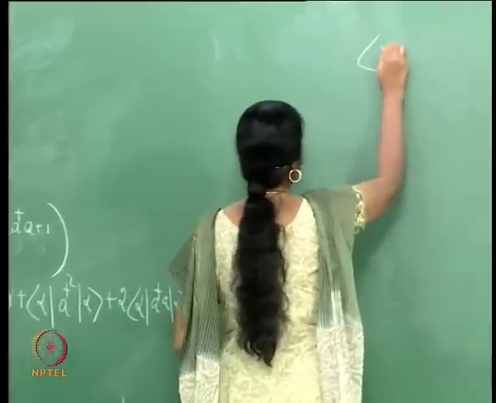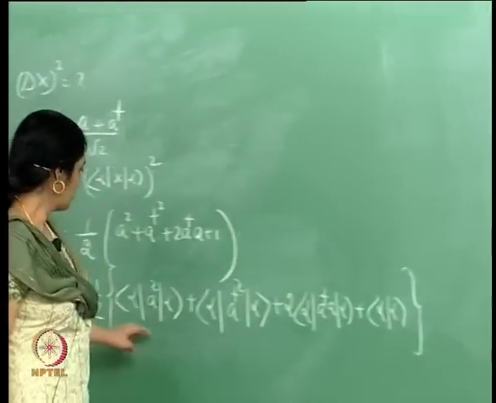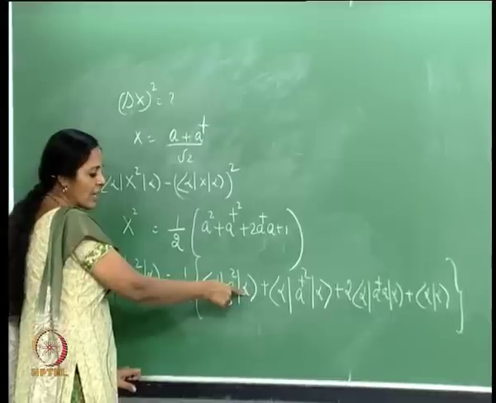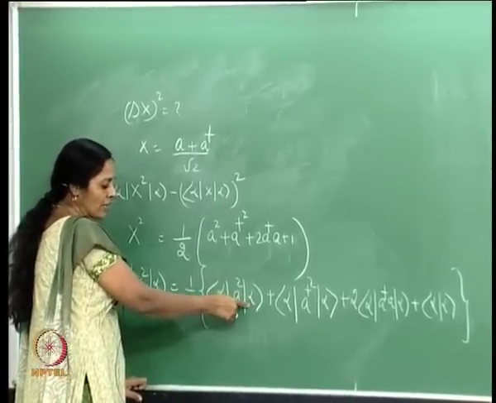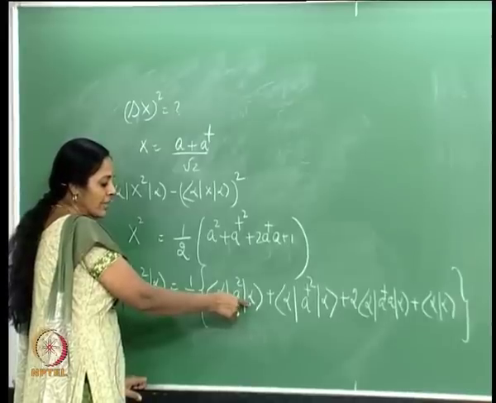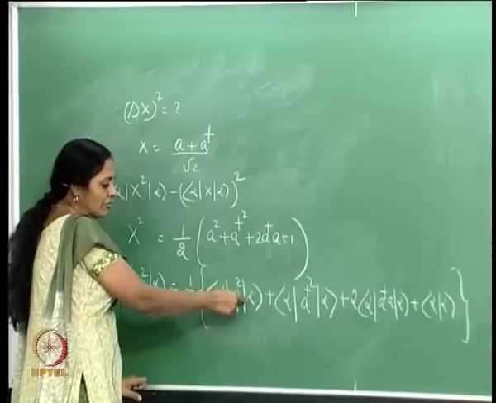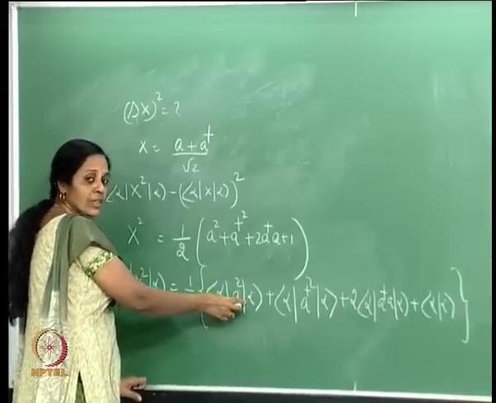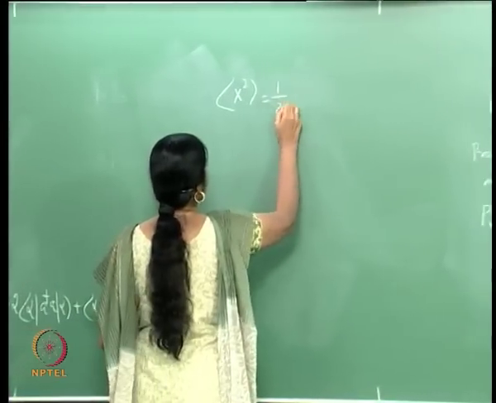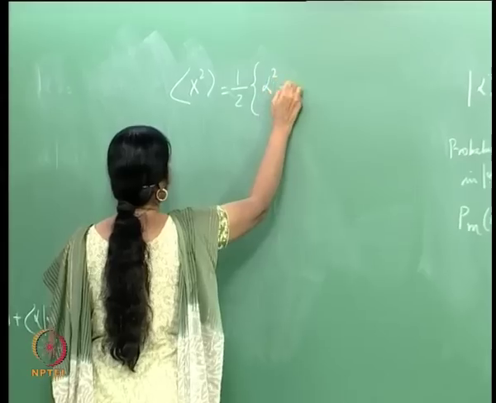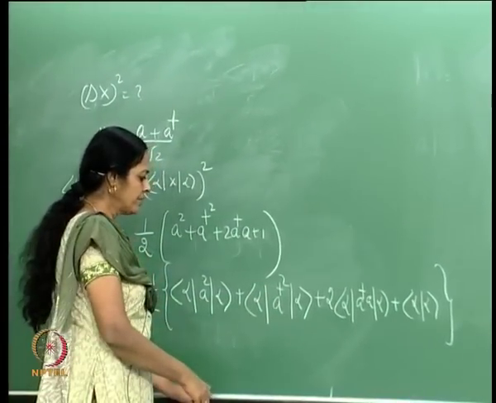And therefore, expectation x squared in the state alpha: a acting on alpha pulls out alpha as the eigenvalue, and therefore a squared acting on alpha gives me alpha squared ket alpha, but the inner product of ket alpha with bra alpha is 1, and therefore I am left with the number alpha squared. The second term is a dagger squared.